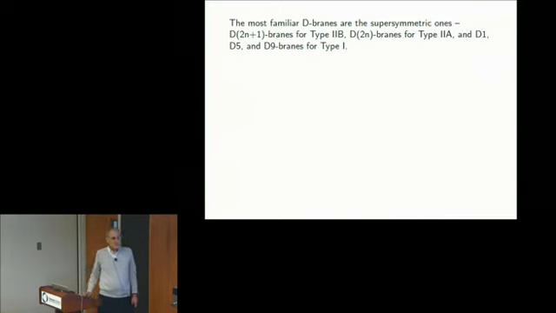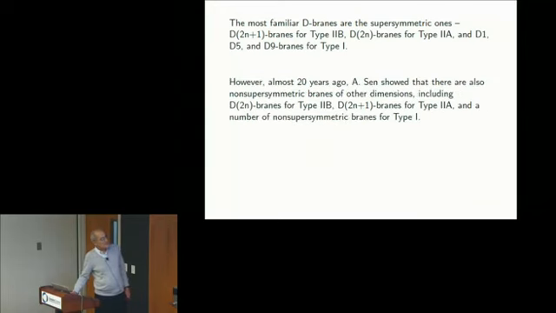Well, the most familiar D-Branes in string theory are the supersymmetric ones, which are of even or odd dimension, whether we're doing type 2A or type 2B, and they're of dimension 4n plus 1 for type 1. But almost 20 years ago, Ashoke Sen showed that there are also non-supersymmetric branes of other dimensions, including, for type 2, branes of the opposite to usual type, and for type 1, a variety of non-supersymmetric branes.